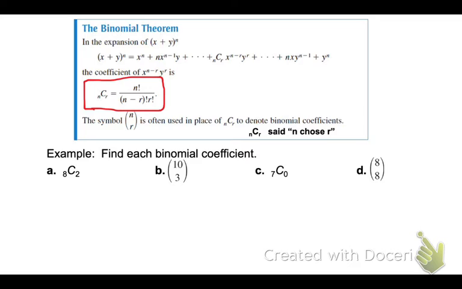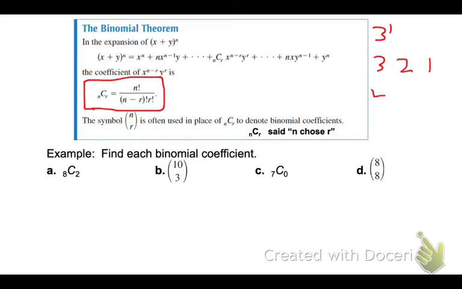Okay, do you have the formula written down? I do. Okay, N is how many things total there are. R is what you want. So, 6 choose 3. I want to know how many ways I can choose 3 things out of 6. That's what that means. Got it? So, 3 factorial is 3 times 2 times 1.